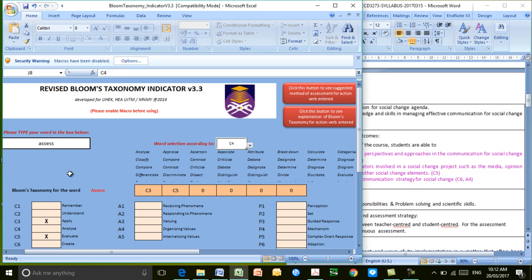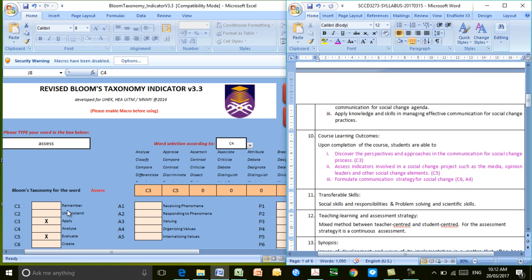Okay, when I put assess, I found that only the cognitive domain was identified. There's no affective domain or psychomotor domain that can reflect this verb in my CLO. So under the cognitive, again I have two, C3 and C5.